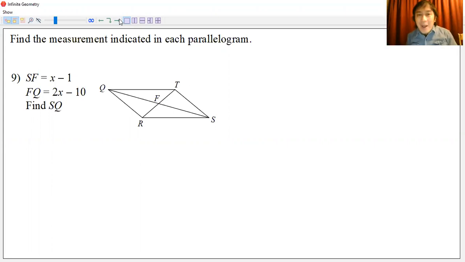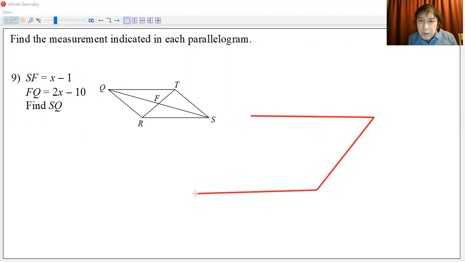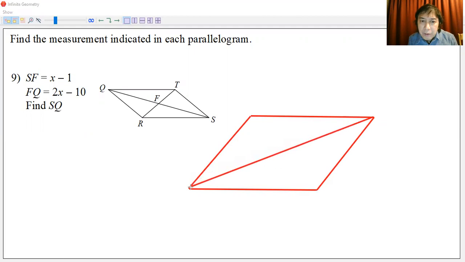I'll do that later. All right, so we have the parallelogram. The concept here we shall discuss first, a little bit. So let's draw a parallelogram. This is our parallelogram. Now we have the diagonal there.